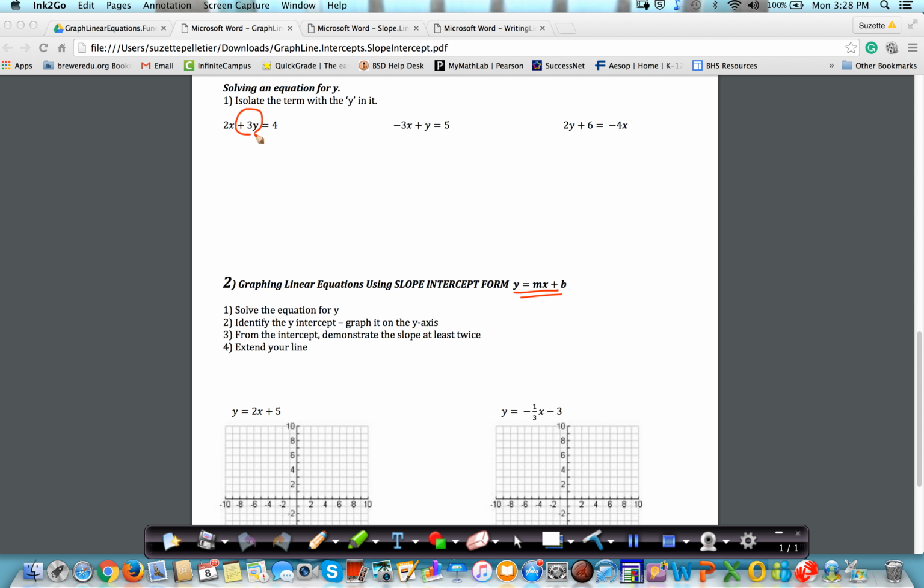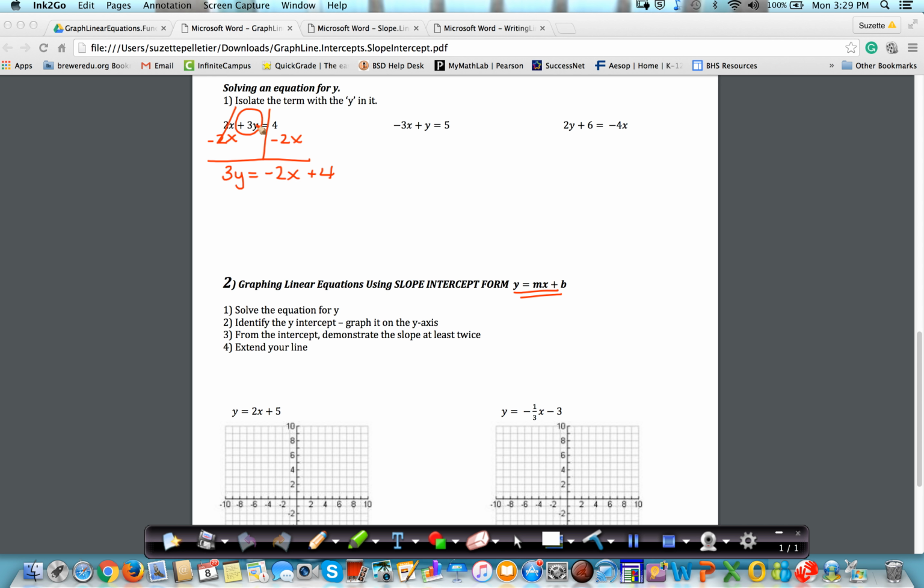Here's the term with the y in it. And then remember that your balance scale has to stay balanced. If you subtract 2x from one side, you have to subtract it from the other. So here's another thing I want you to be thinking about. When you go to rewrite this, put the x term first, always. -2x, that's a +4, so I'm going to write +4.